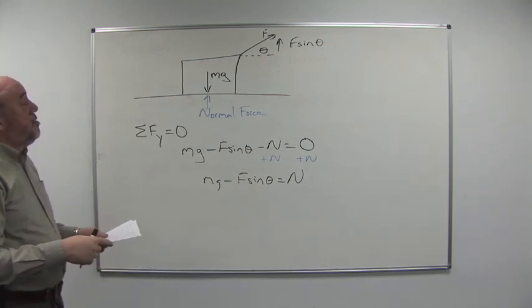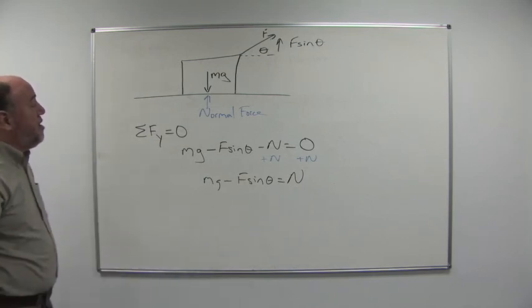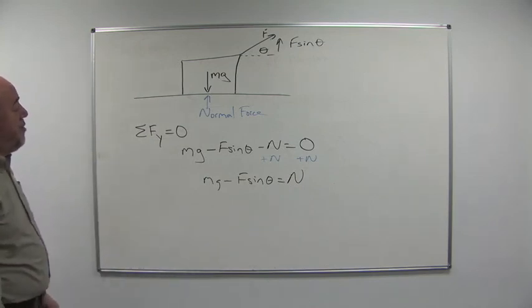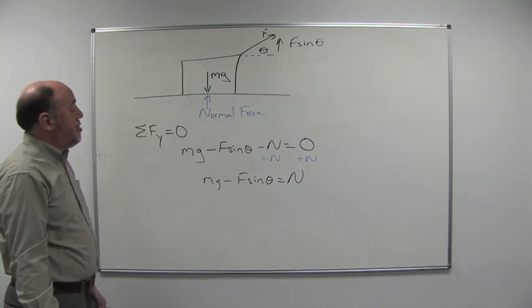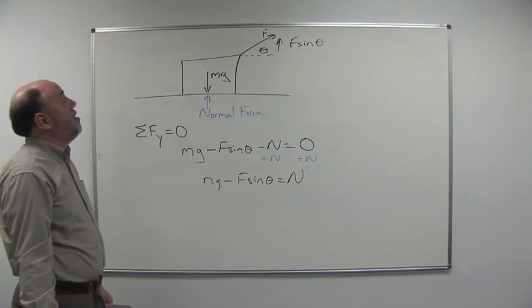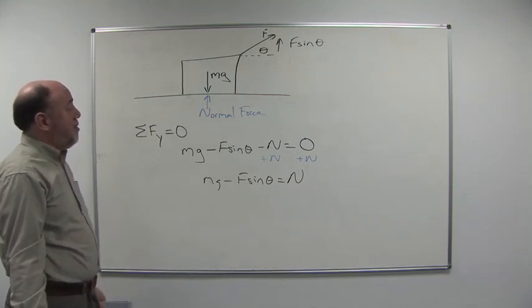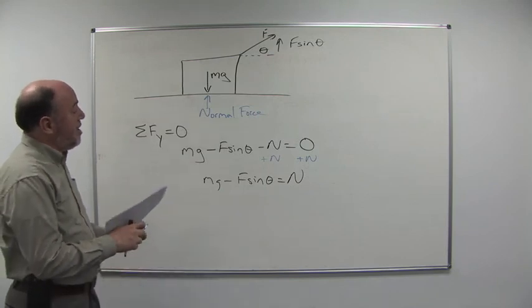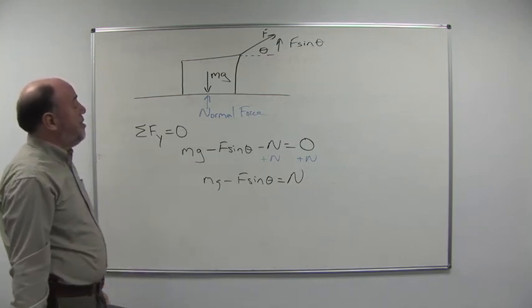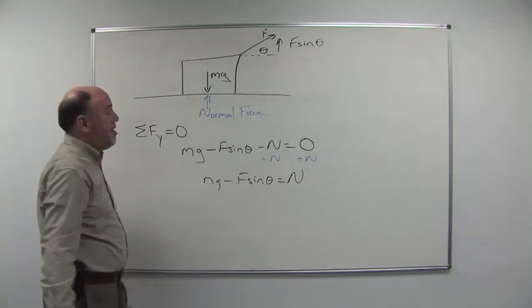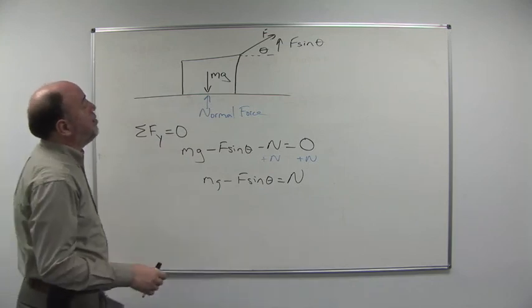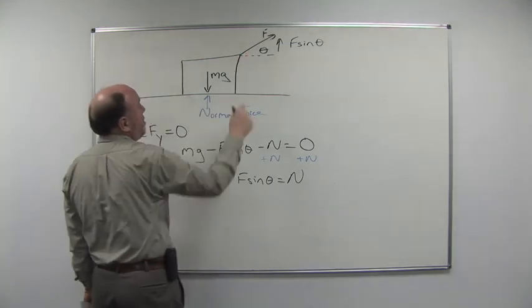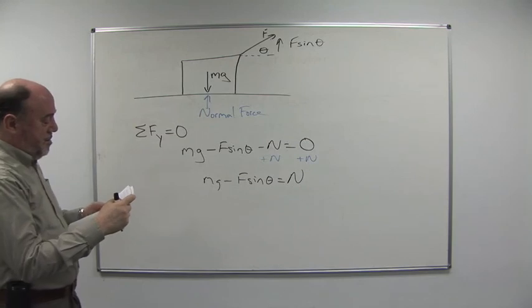When the box is just laying there on the table or on the floor and we're not doing anything with it, the normal force is equal to the weight. If we are pushing on it, then the normal force has to increase. And if we're pulling, there's a decrease due to the upward component of my applied force.